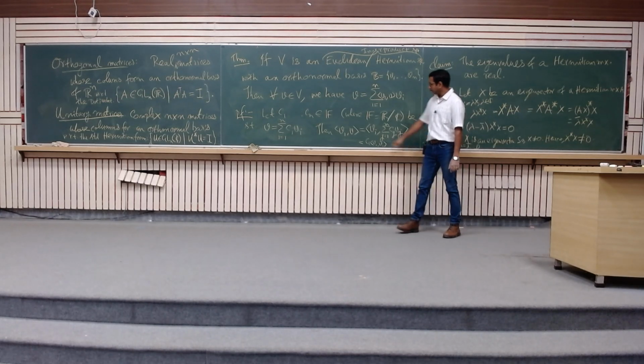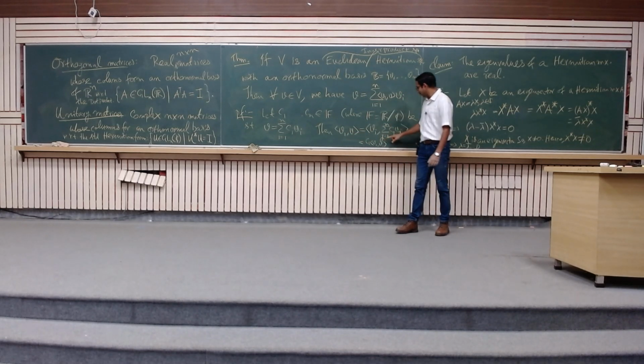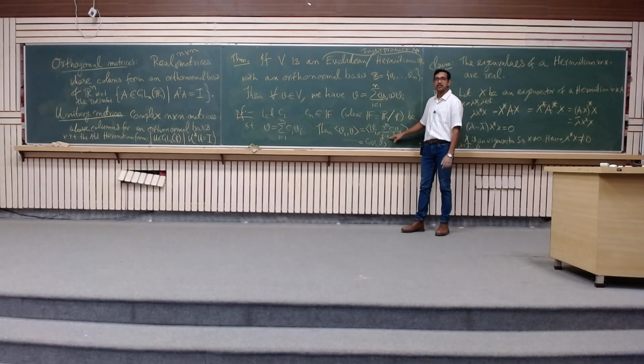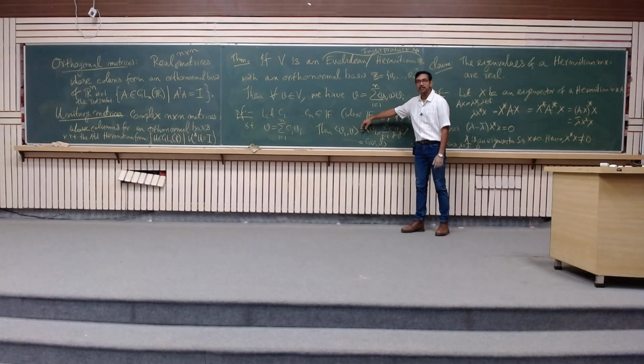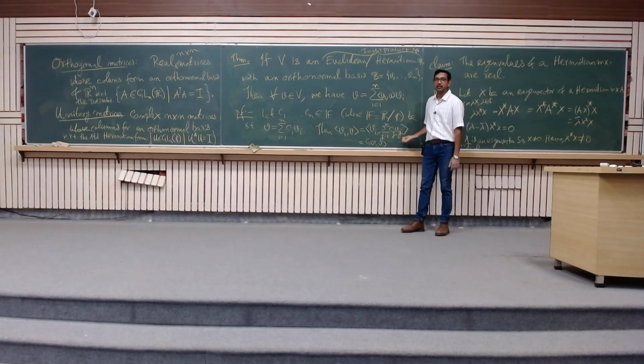No, you are given i; j was the dummy variable running from 1 to n. So only in the case where j and i are equal does this inner product survive. In every other case it vanishes, so the ith component will remain and everything else will be killed.